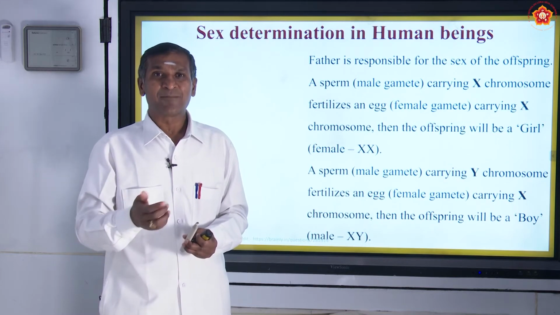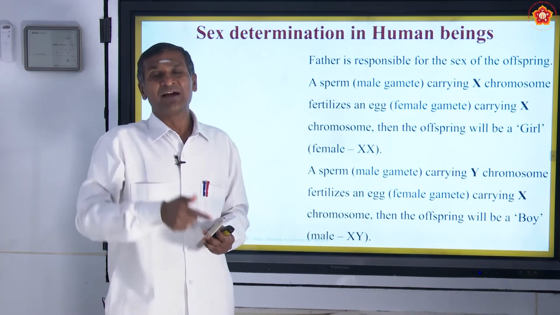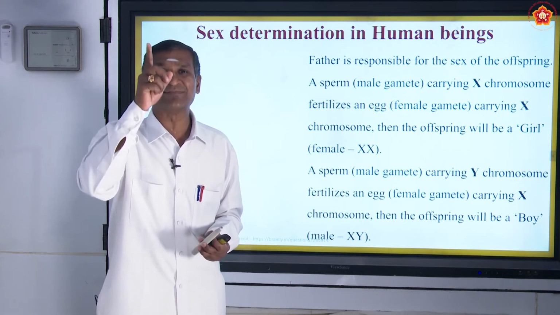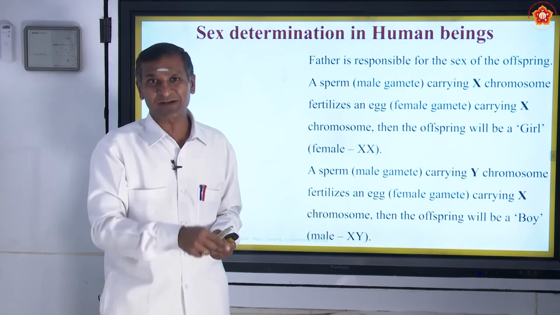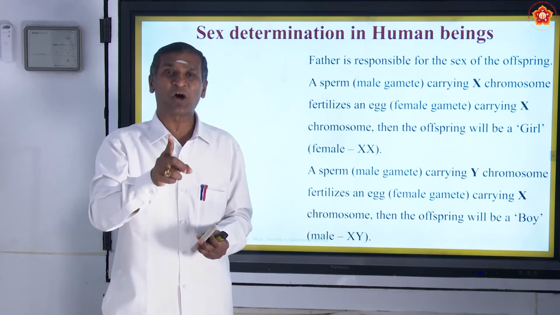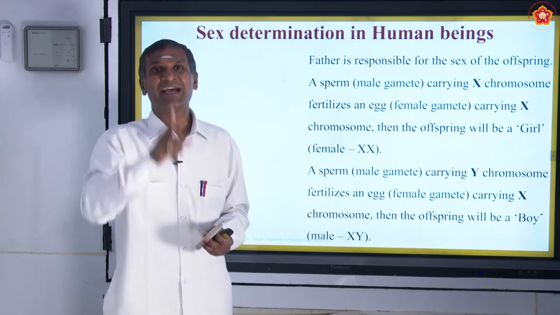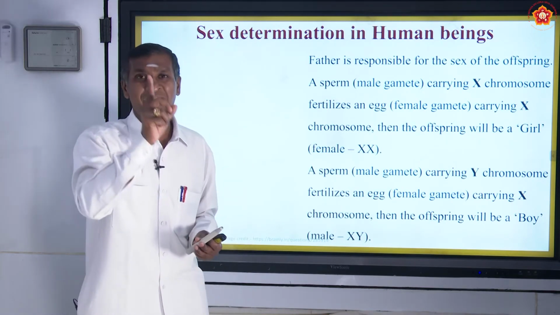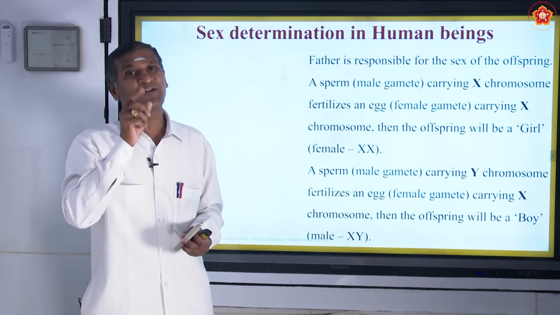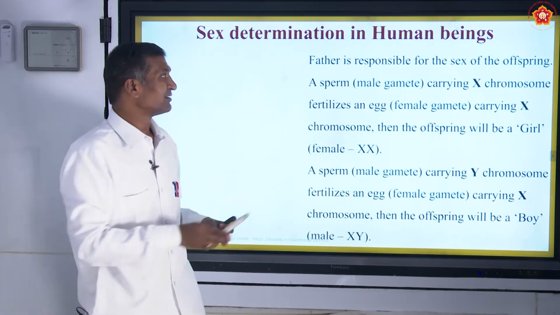Blaming that mother is responsible for the born child being male or female, but it is a mistake. It is never the mother who is responsible for the born child being male or female. It is the father, the male, who is responsible. How?